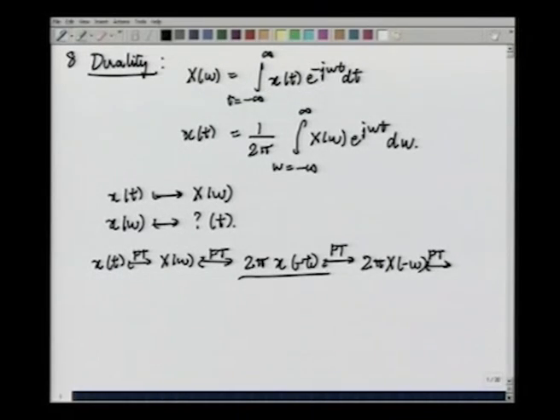Now, this 2 pi is already there. So, what you will get is 4 pi squared x(t). That means, the 4 sequential applications of the Fourier transform on x(t) will yield 4 pi squared x(t) once again after a cycle length of 4 steps.